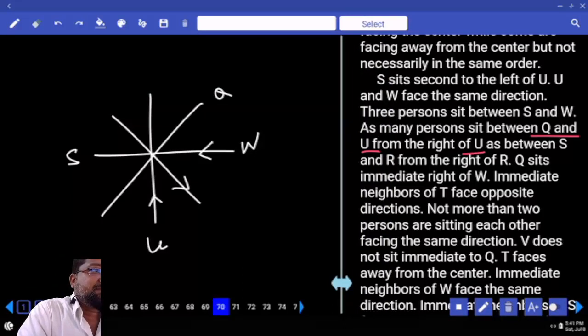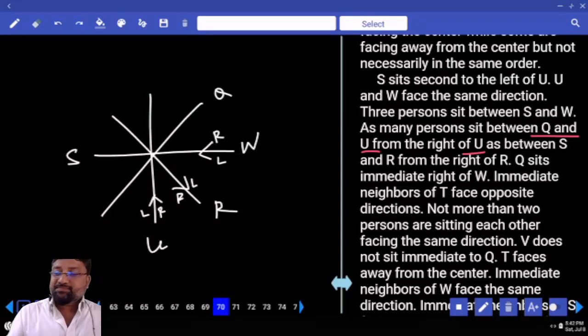In between U and Q there are 2 persons. In between S and R also there should be how many persons? 2 persons. If I go this side, it is only occupied by Q. Definitely this is R, to the right of R. Correct, right? Tell me. Because R is facing away from center. This is inside. Done. Next line.